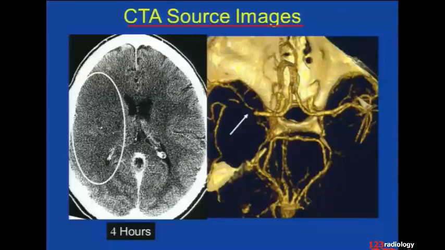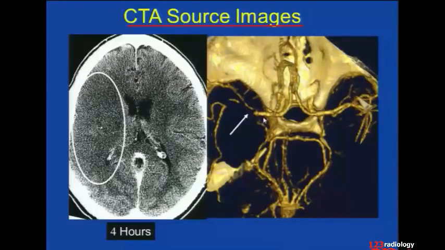This is occlusion of the middle cerebral artery here, and you can see that there is some flow proceeding distally. Now, in my experience, talking about occlusion of arteries, usually by the time a CTA has been performed, usually hours after the time of infarct, there's commonly some reperfusion, distal flow in the affected artery, either from collateral flow from the external carotid arteries or from lysis of the thrombus and anterograde flow.